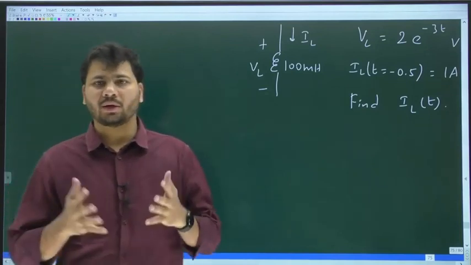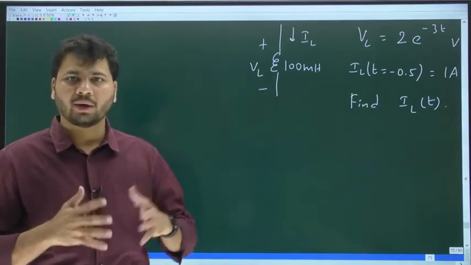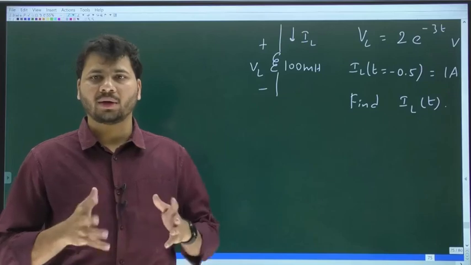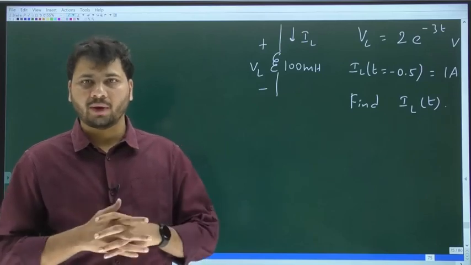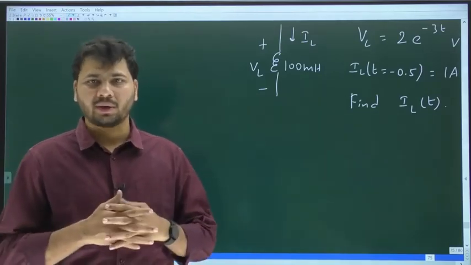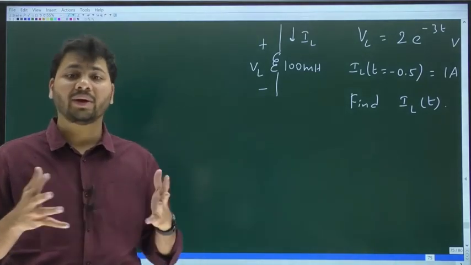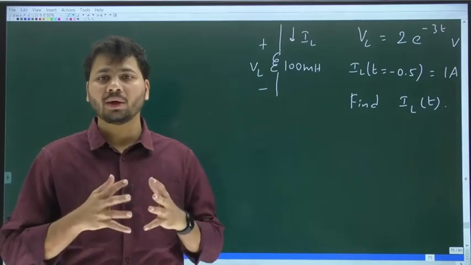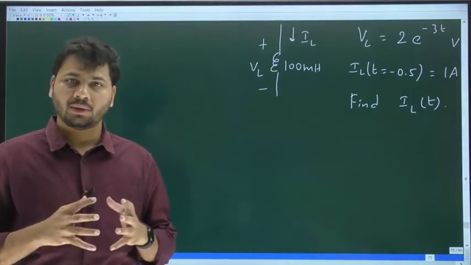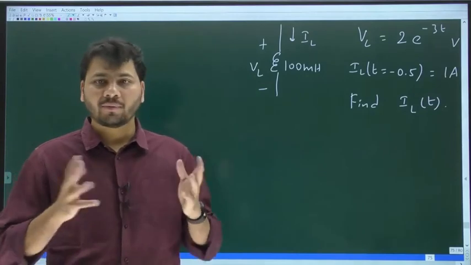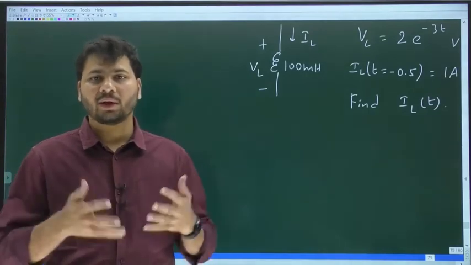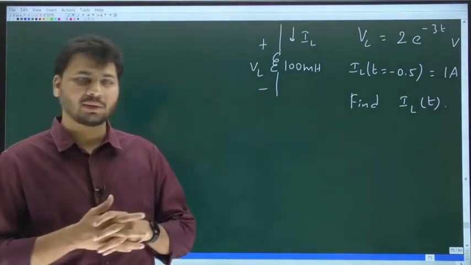First of all, any circuit connected and left for a long time will reach steady state. And if the circuit is driven only by DC sources, then after a long time, the circuit will reach what is called DC steady state.